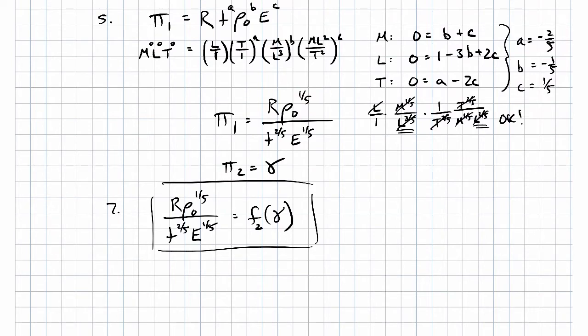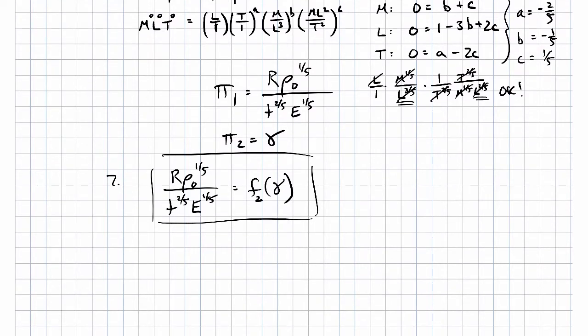Okay, so now we know that the density of the atmosphere and the specific heat ratio are well-known quantities, and they're constants basically for a standard atmosphere. So I can rewrite this equation in a slightly different form. I can write it as R over T to the 2/5 e to the 1/5 is equal to rho naught to the 1/5 times this function of the specific heat ratio.